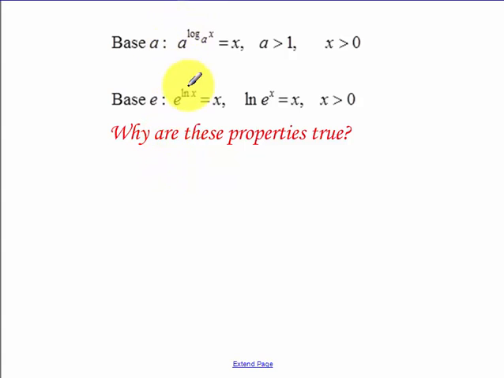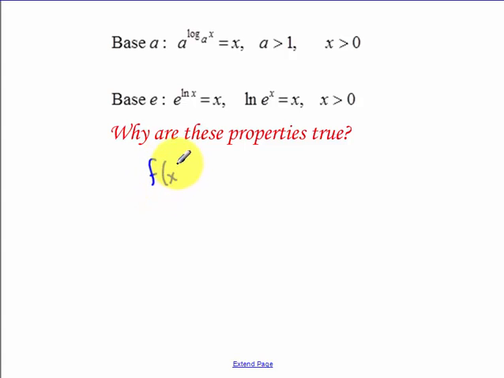Okay, so base a and base e, these two things are the same thing. And what students don't realize, or what I think pre-calculus teachers might do a bad job of explaining, is why are these properties true?